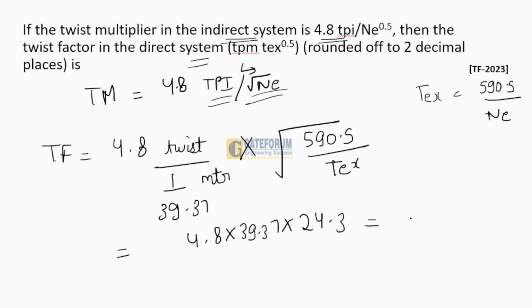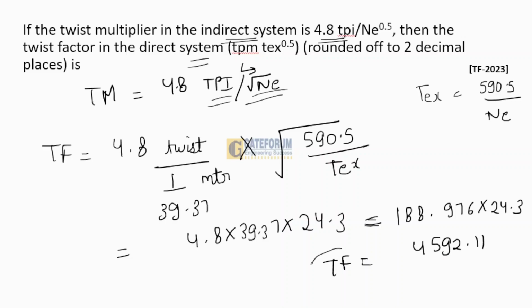You can do this using the GATE calculator. It would come out to be 188.976 into 24.3. Using the GATE calculator you can solve this. The twist factor comes out to be 4592.11.